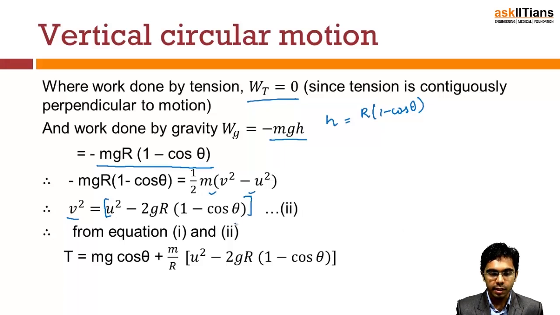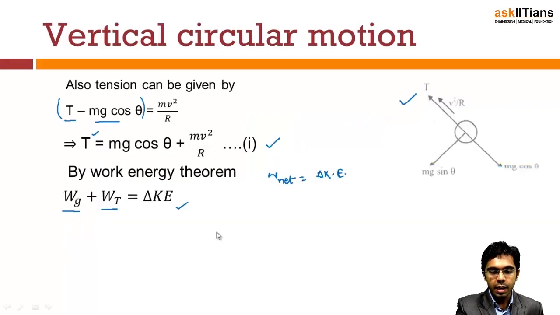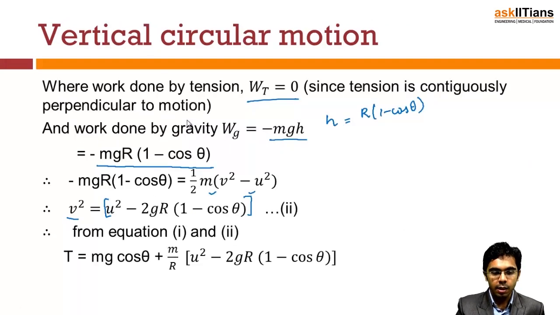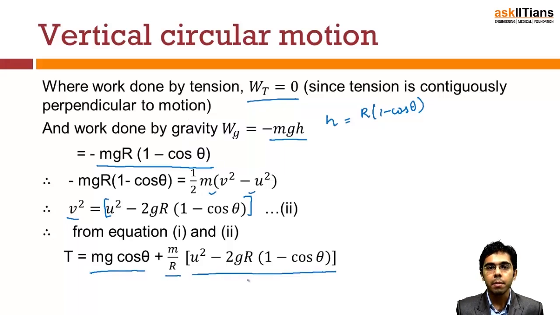(1 minus cos theta). So from equations 1 and 2, after substituting the value of v in equation 1, we get T equals mg cos theta plus m by r times (u square minus 2gr(1 minus cos theta)).